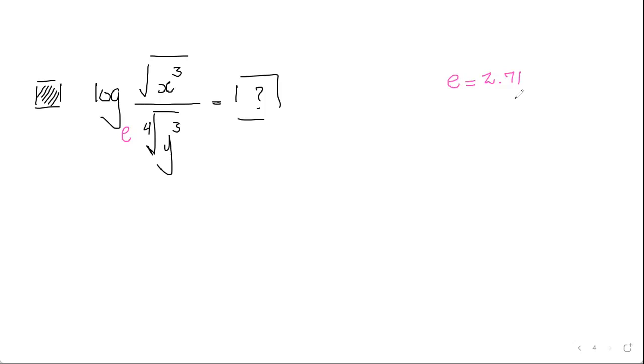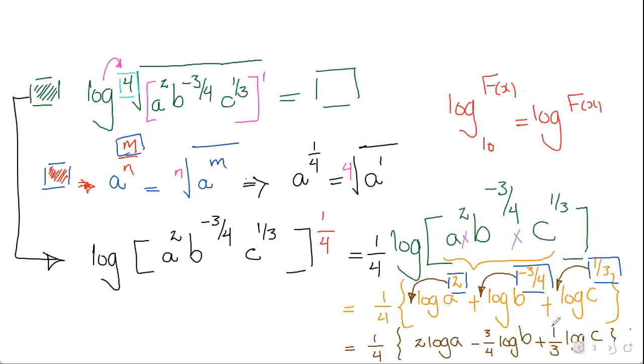Okay. Now, look at this one. First of all, we look at this expression. We see that there is some kind of similarity between this and identity number 2.